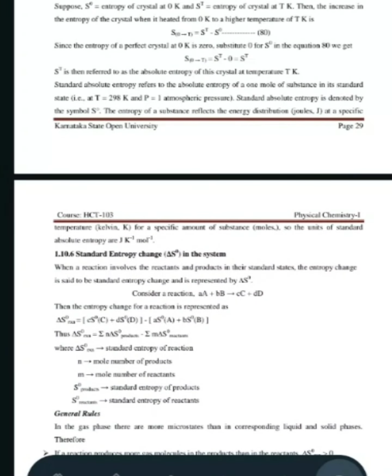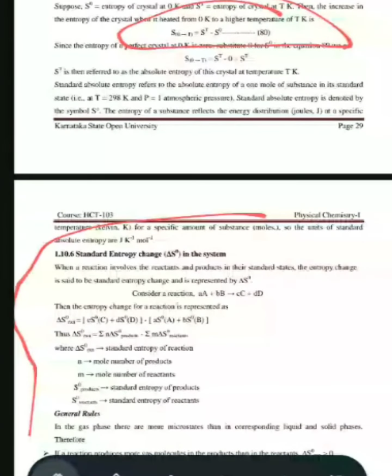And next is the standard entropy. Standard entropy can be denoted as delta S naught. Here, when the reaction involves the reactant forming the product in their standard state, the entropy change is said to be standard entropy change, and it is represented as delta S naught.